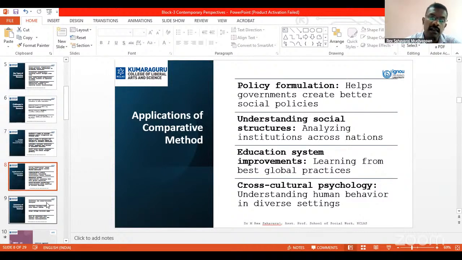So we can recommend through our studies to the government, policymakers, NGOs or key informants who contribute to society, and they can come up with a good policy formulation. That is very important in bringing the policy into concern.